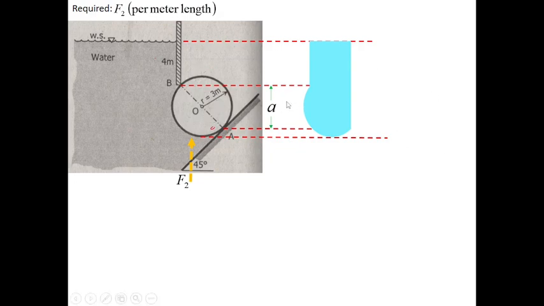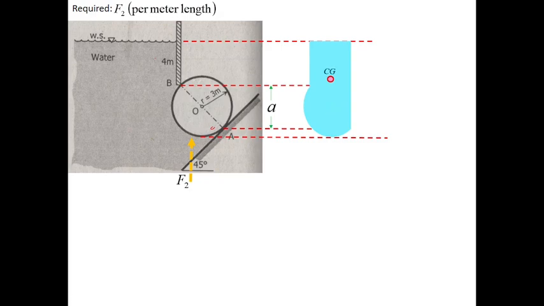So, alam natin, ito yung A kanina. At ito ay isang composite area. Take note. Composite figure. So, in that case, may part na circular, may part na parang rectangle. Kombinasyon na siya.